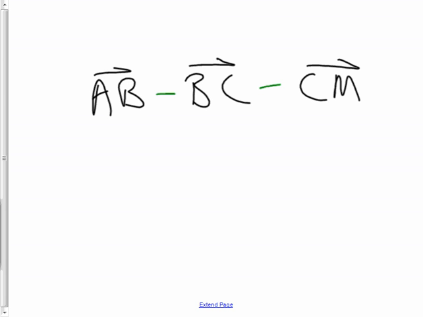All right, how about this? Did we establish before that AB minus BC would be the same thing as AB plus CB? You with me? All right. Plus what?